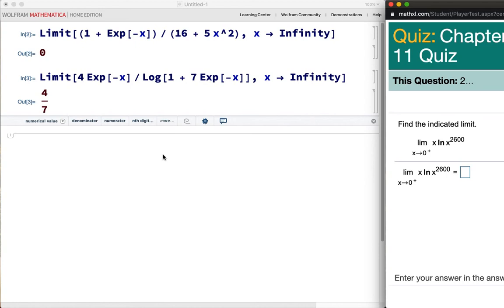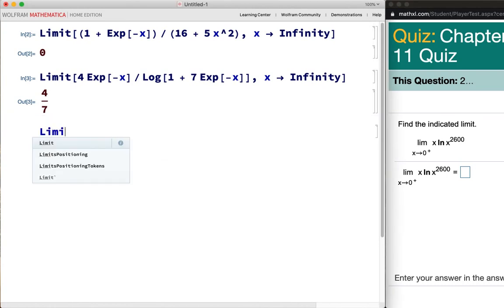And again, we can use the software advantageously to solve this problem. So, okay, limit x times the natural log of x to the power of 2600.